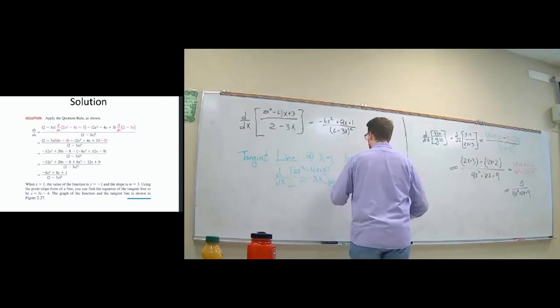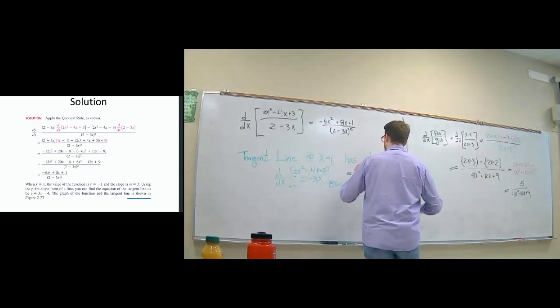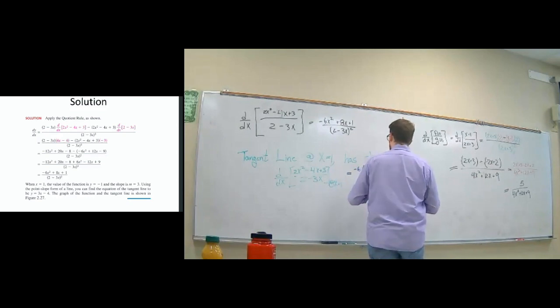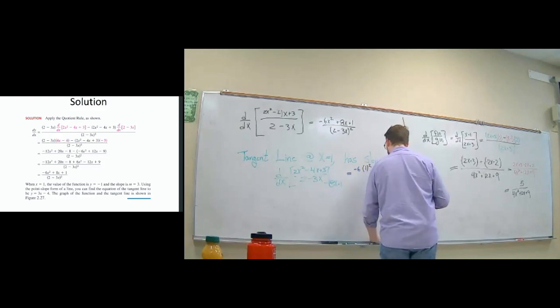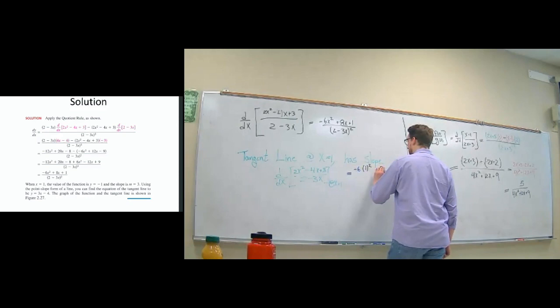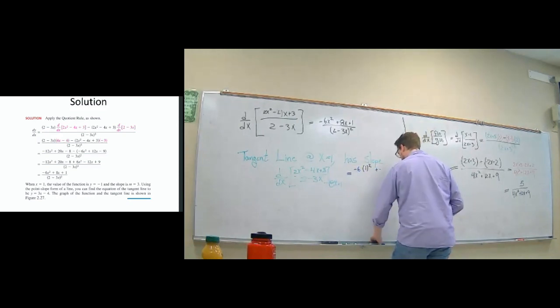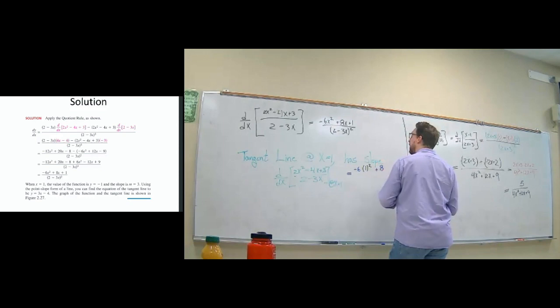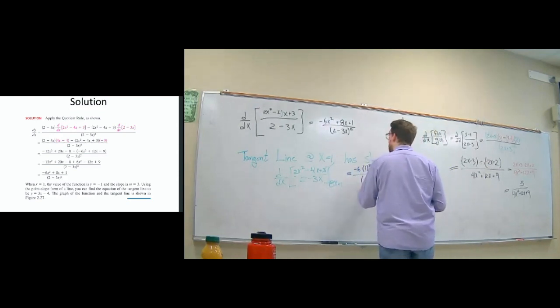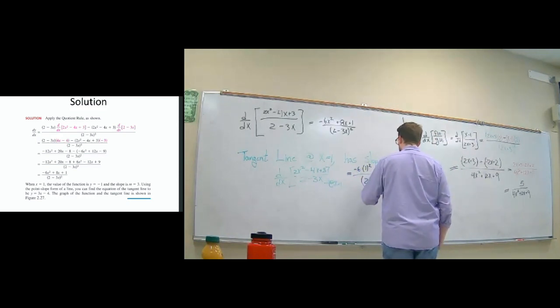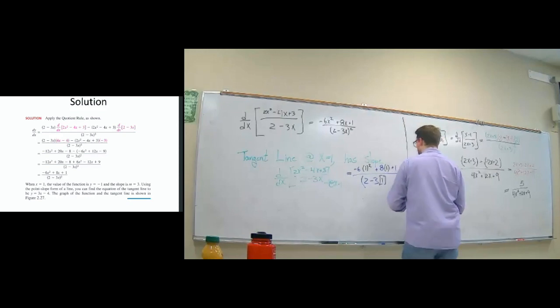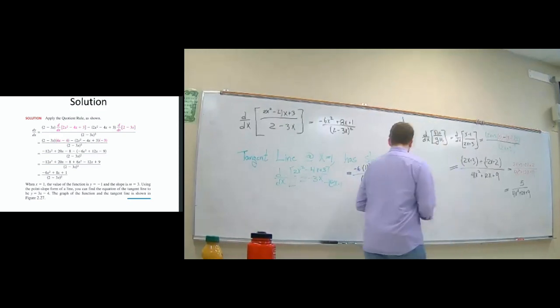So this is going to be equal to negative 6 times 1 squared plus 8 times 1 plus 1 divided by 2 minus 3 times 1, that quantity squared.